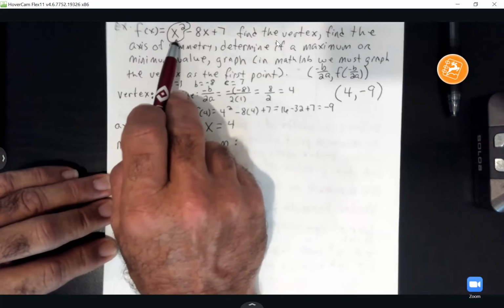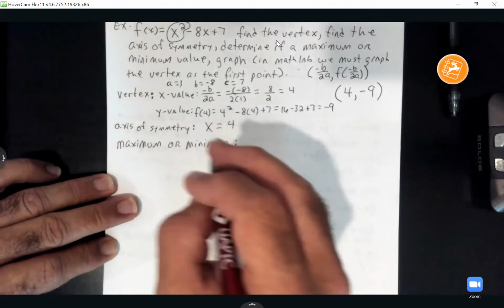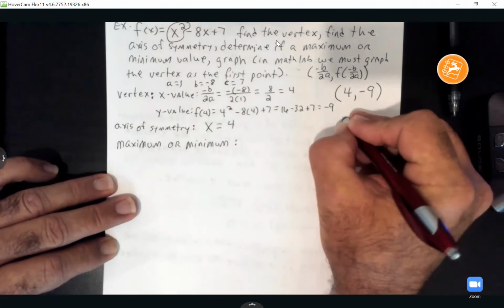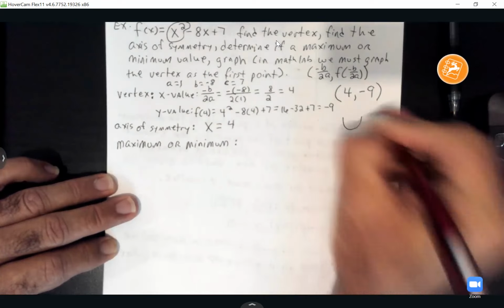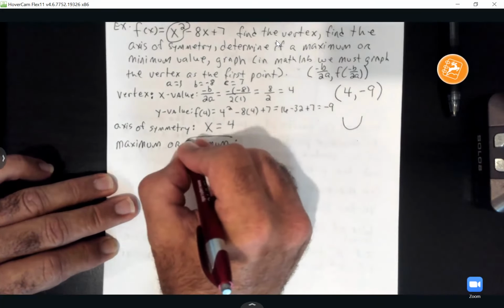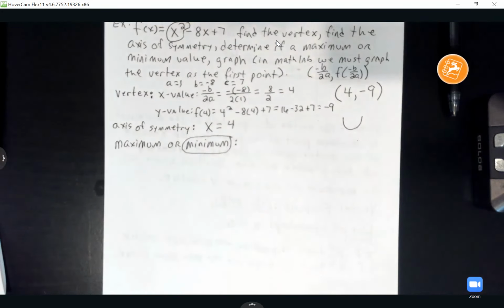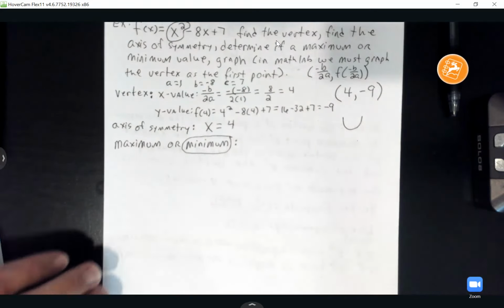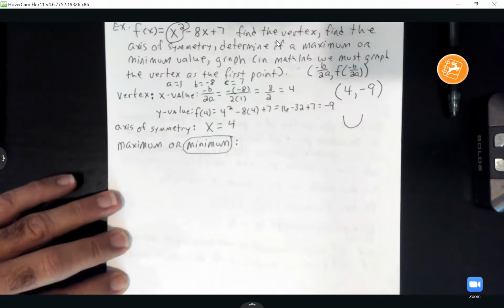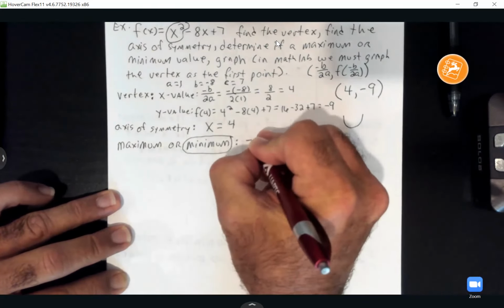And we said when the x squared term was positive, we were going to have a minimum because that's going to be a U-shaped graph. So we have a minimum value. And do y'all remember what my minimum value would be? Negative 9. It's going to be negative 9.